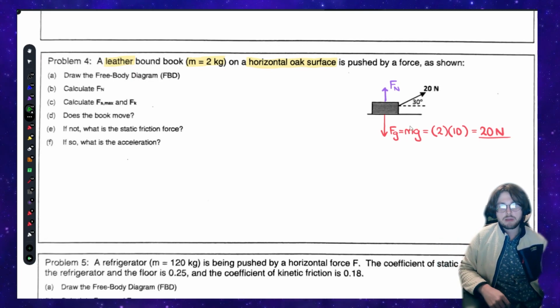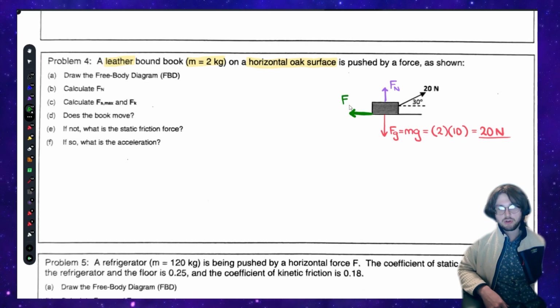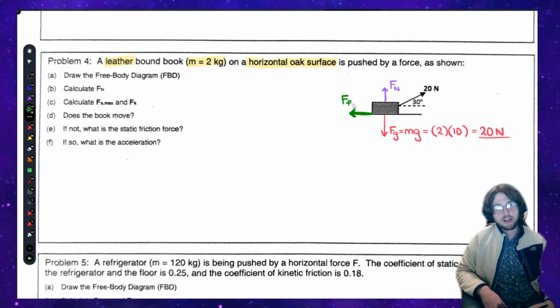So if the book is just being pushed across the surface horizontally, we can assume that from this applied force, it's probably being pushed to the right. And so if this book's motion is to the right, then friction has got to be opposing that to the left. So we'll go that way. And because we don't know whether this thing is moving or not yet, we're going to just make that a general leftward friction force. We don't know if it's static or kinetic yet.